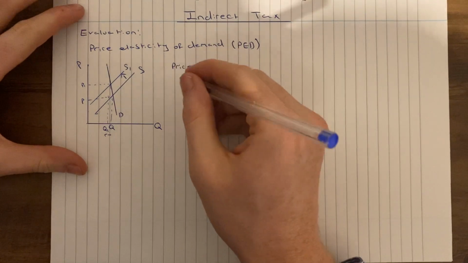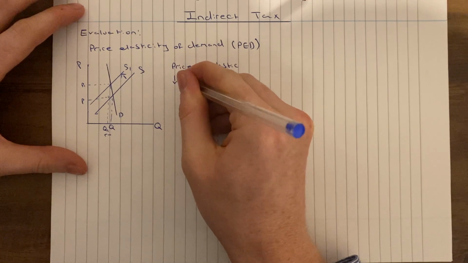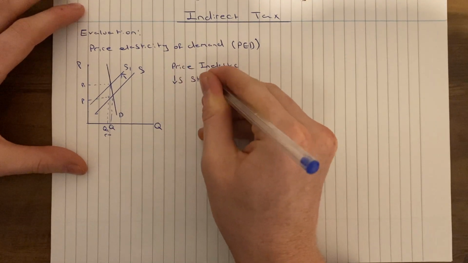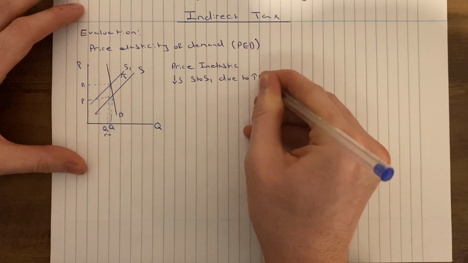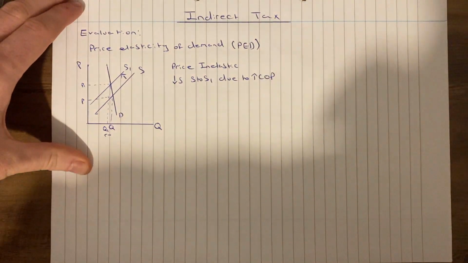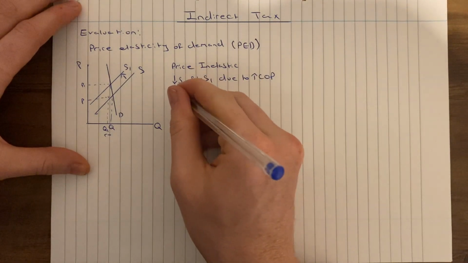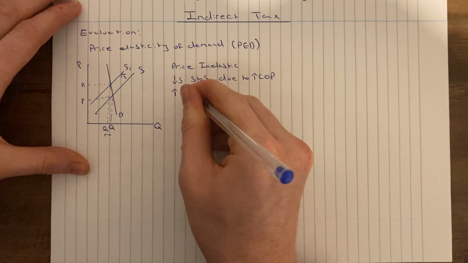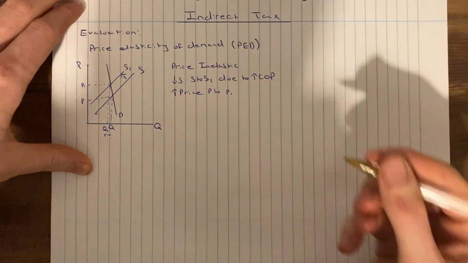Okay, so what we want to say here is that with the reduction in supply S to S1 due to the increased cost of production, which I've just abbreviated to COP, we see an increase in price P to P1.